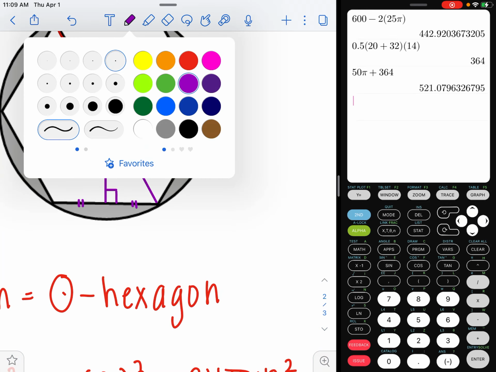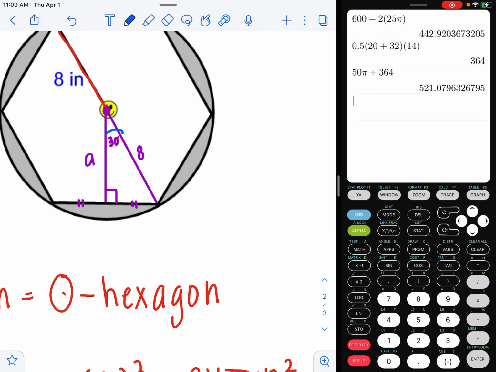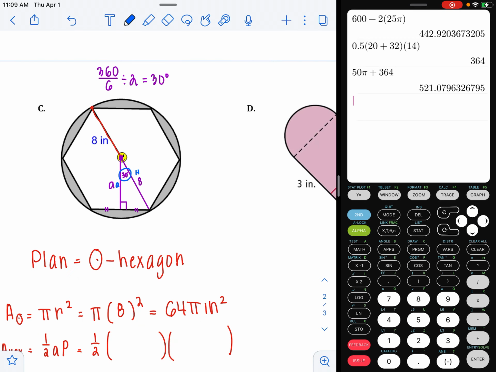All right, let's solve for A. Here is my angle. This is adjacent. This is hypotenuse. So adjacent and hypotenuse, I'm going to pull up SOHCAHTOA right here and say which uses adjacent and hypotenuse. Cosine. So I'm going to do cosine of 30 degrees is equal to adjacent, which is A, over hypotenuse, which is 8.